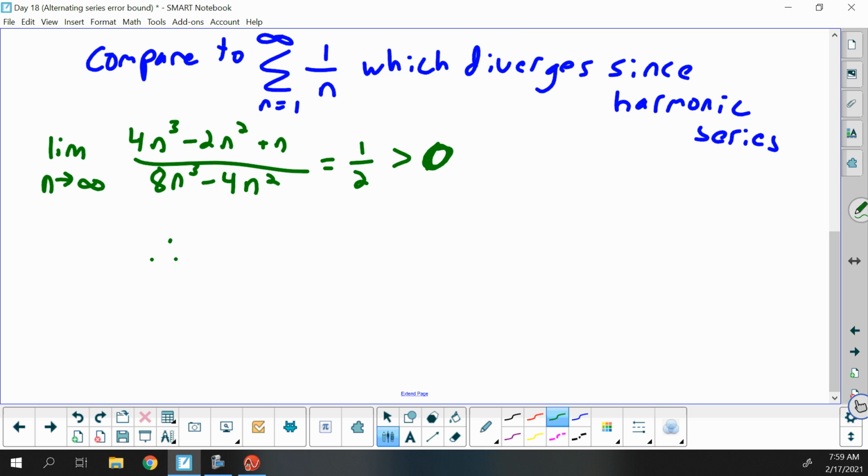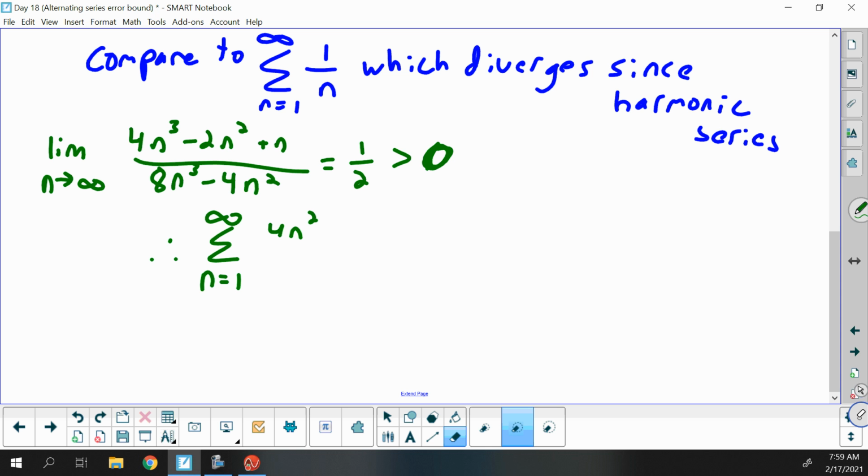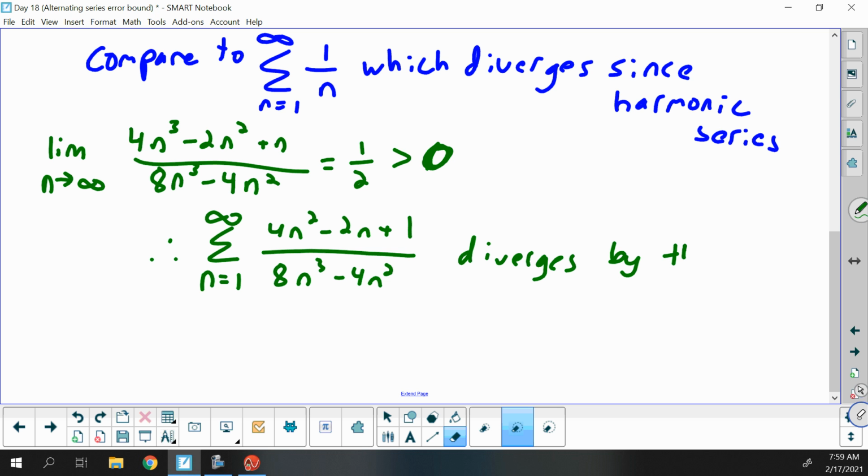So we can say, therefore, our series, n equals 1 to infinity, of 4n squared minus 2n plus 1 over 8n cubed minus 4n squared diverges by the limit comparison test.